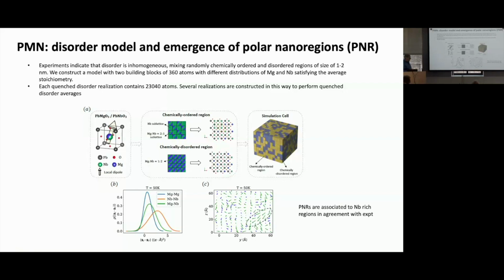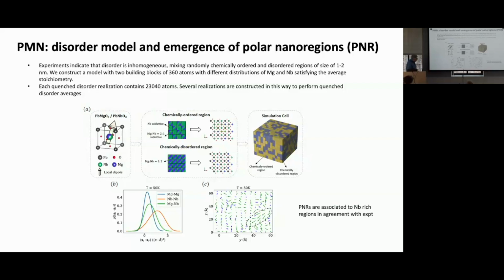And what we see is that when the system is cooled down, there is the formation of so-called polar nanoregions, which are regions in which the dipole moments tend to be aligned locally. Here we have a polar nanoregion, and they freeze as we go down. At high temperature, the dipoles fluctuate and the system is in thermal equilibrium, but as we go down, they freeze.